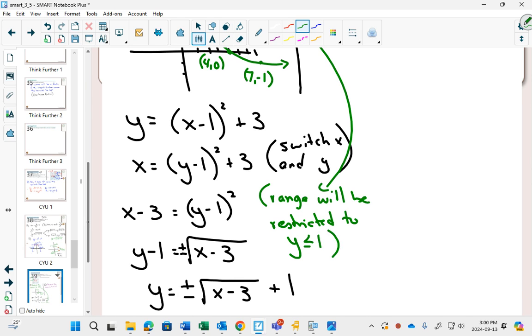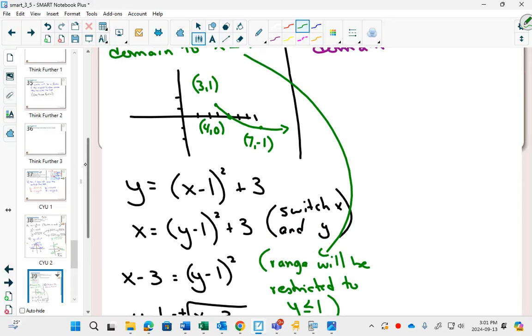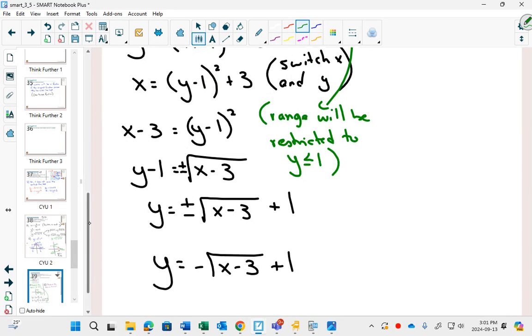If our original domain was restricted to x less than or equal to 1, then our range will be restricted to y being less than or equal to 1. Which, can you see that on the graph, that it goes down? And if y has to be less than or equal to something, can you see that this number needs to be negative? So there's an algebraic way of looking at it.